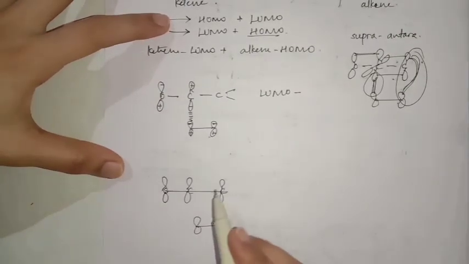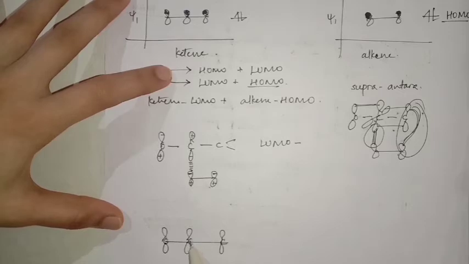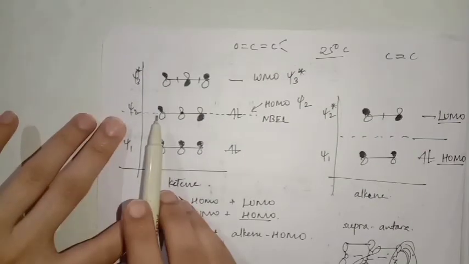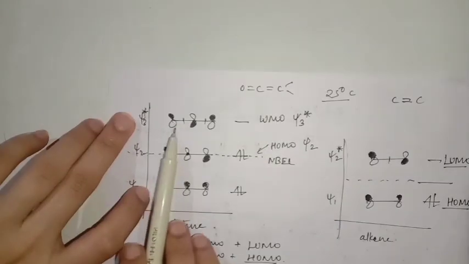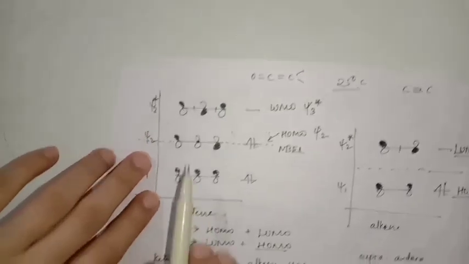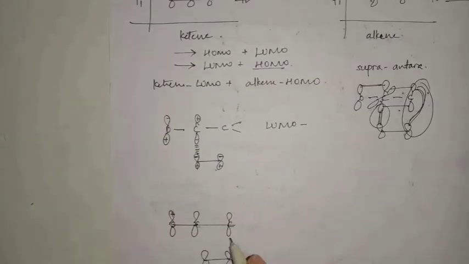Okay. Now in this case, at this carbon there is a node. Here you can see, if I am writing a plus charge here, we are talking about this HOMO. Here is a plus charge and here will be a minus charge. So with the node, I am writing here plus charge, minus charge.